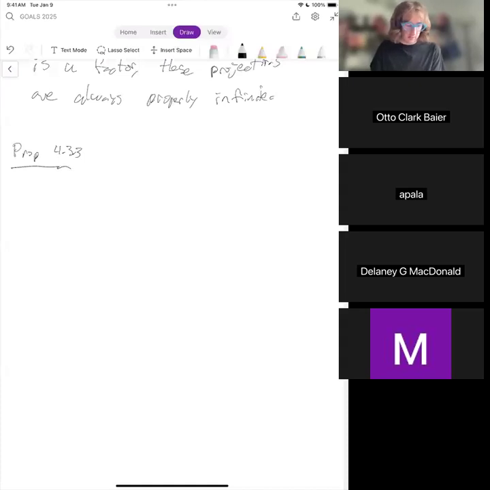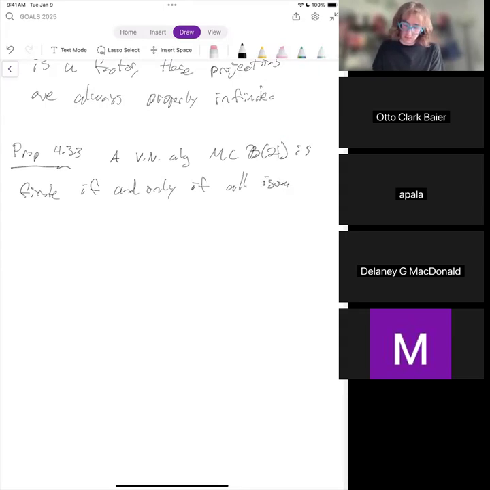So it's a nice property of finite von Neumann algebras. So a von Neumann algebra M is finite if and only if all isometries are unitaries.